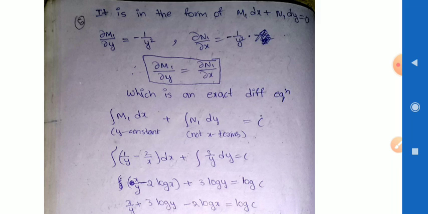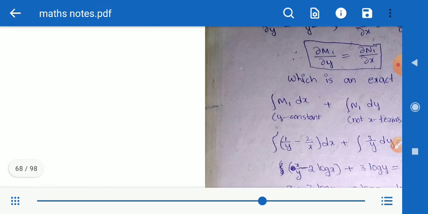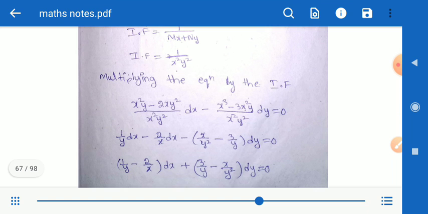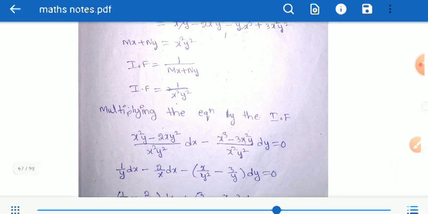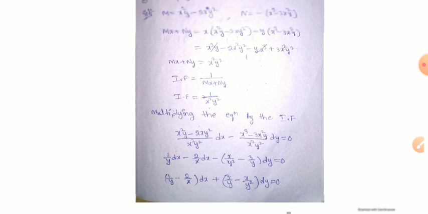Therefore we can conclude that ∂m1/∂y is equal to ∂n1/∂x. Therefore m1 dx plus n1 dy is an exact differential equation. Then also the integrating factor value is 1 by x square y square.